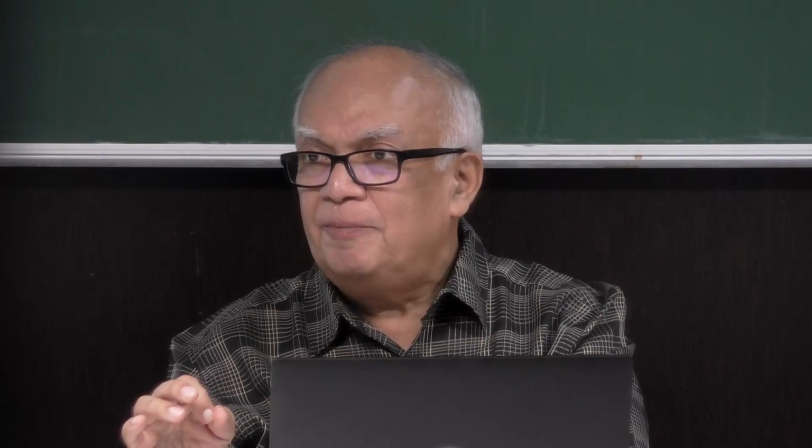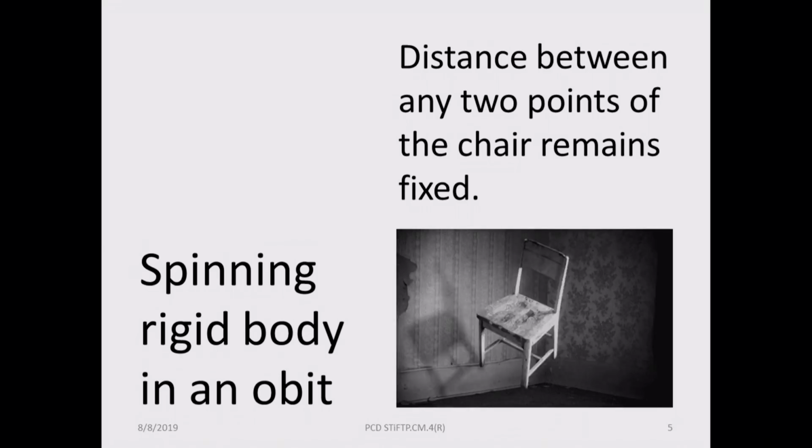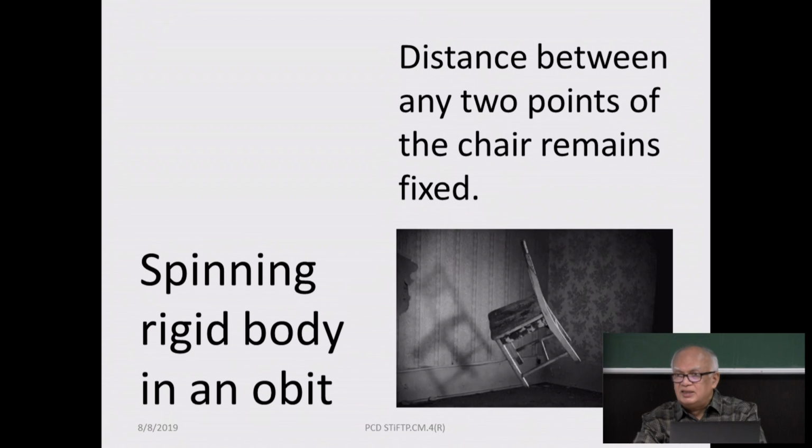If you want to describe these two particles, if they had nothing to do with each other, then you would need three coordinates for one and another three for the other, a total of 6 coordinates. But then if you know that they are bound by a certain rod, so that the distance between those two particles always remains fixed, there is one constraint, and it is no longer necessary to specify 6 degrees of freedom.